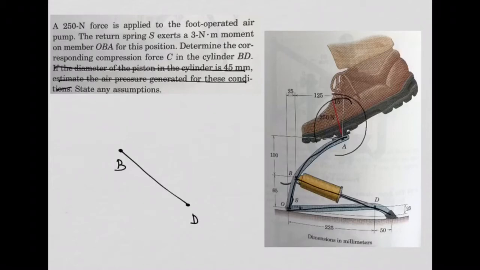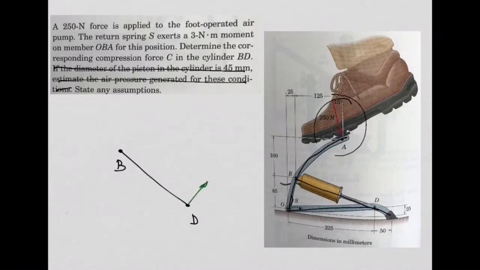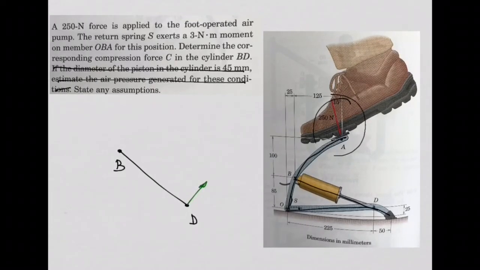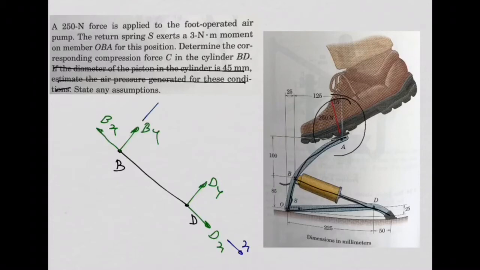And for doing that, I'm going to include the reactions at D. So a reaction in the vertical direction to my cylinder BD, which I will call Dy, this Dx, and I will have a reaction at point B, By and Bx. Okay? So, of course, I am assuming this is my x coordinate system and this is my y coordinate system, right? I can do this, no problem.